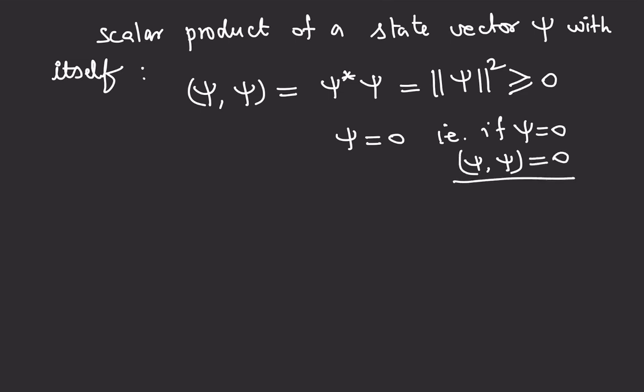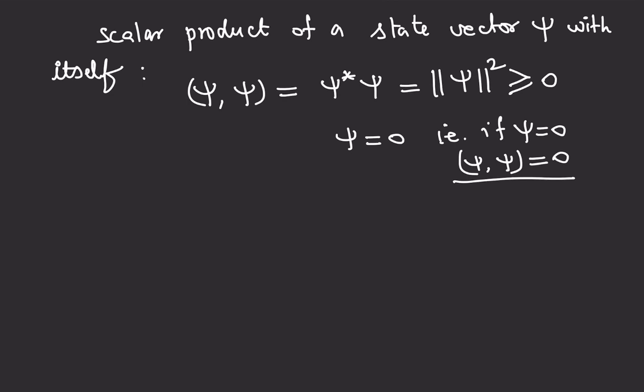Unless psi is equal to 0, we can't get the scalar product equal to 0. We will always get values greater than 0.